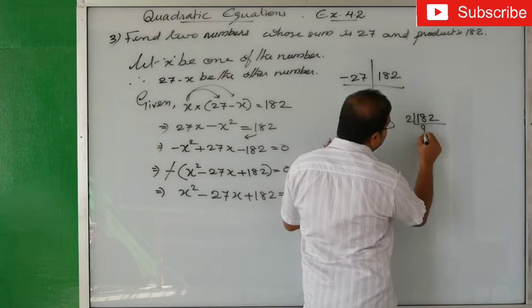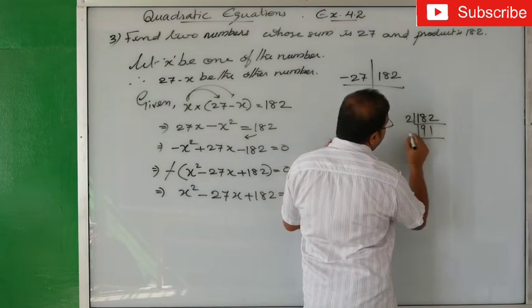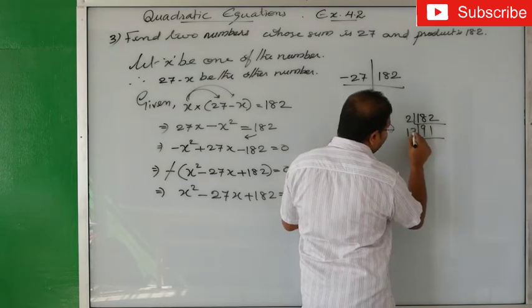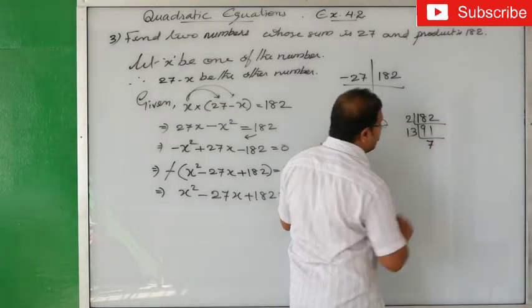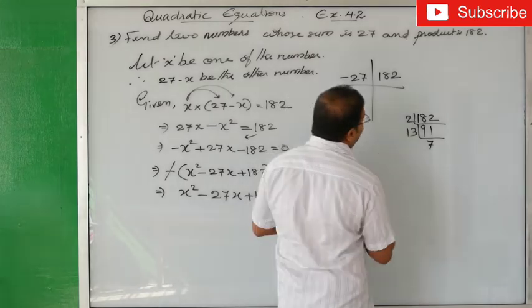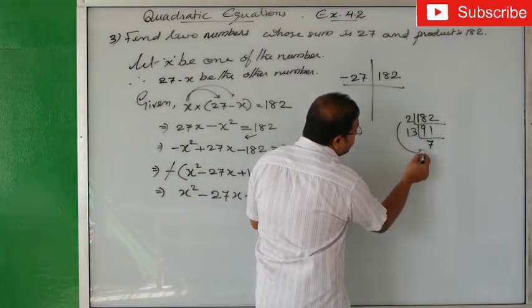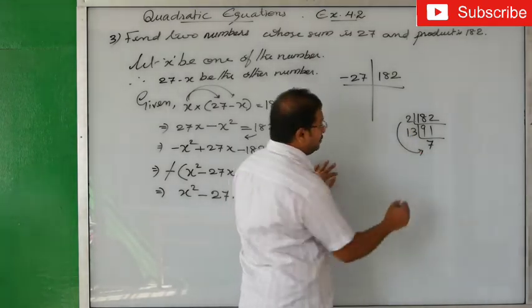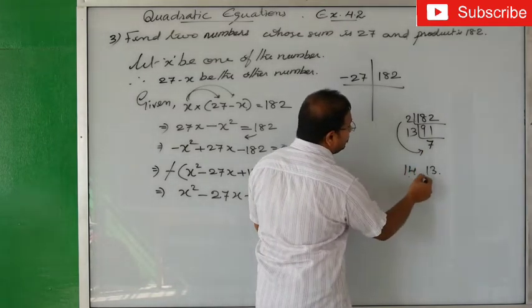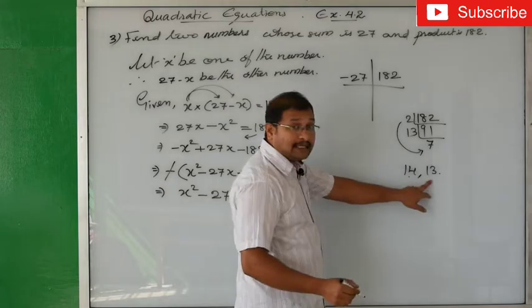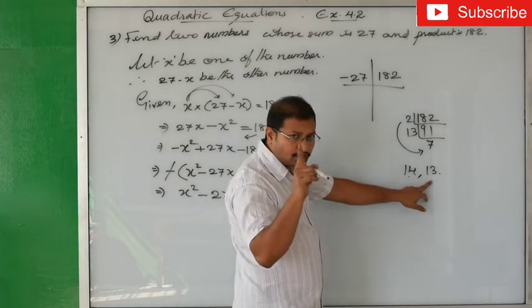2 9s are 18, 2 1s are 2. Now by 13, isn't it? Careful, 13 7s are 91. Ready? Now what will you do? See, 2 into 7, 14 and 13. 14 plus 13 is 27, isn't it?